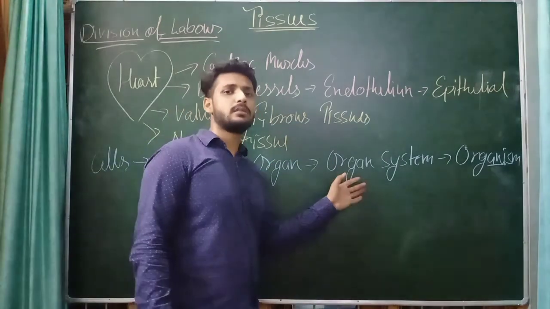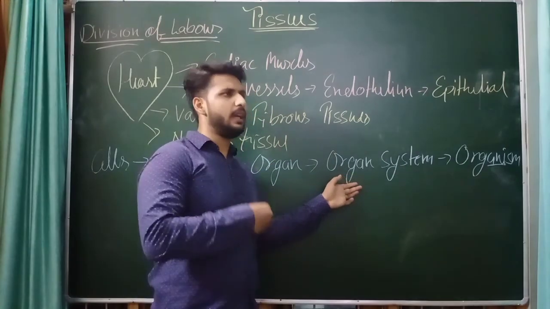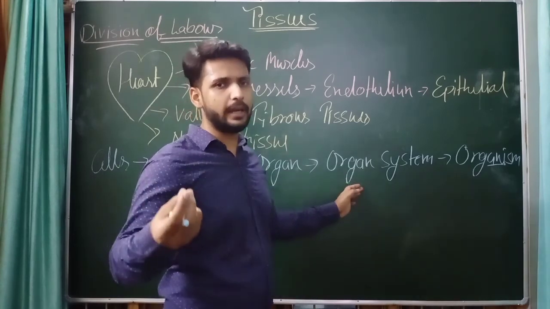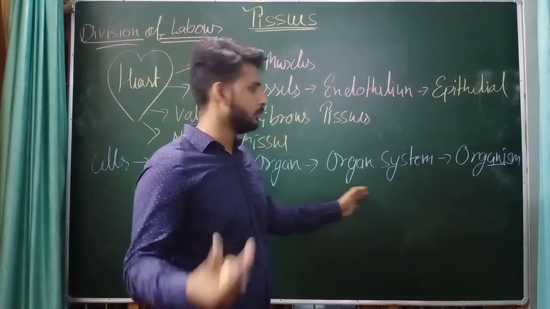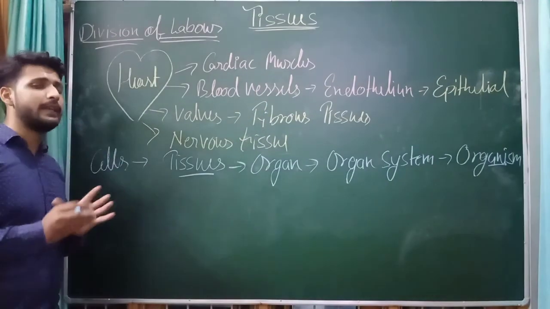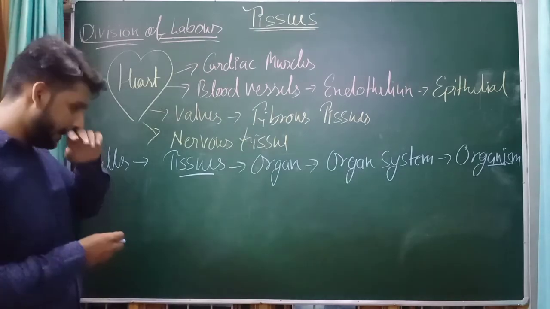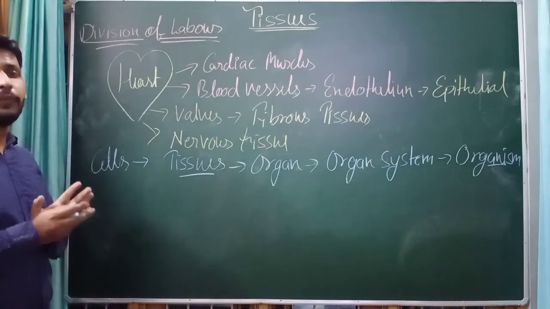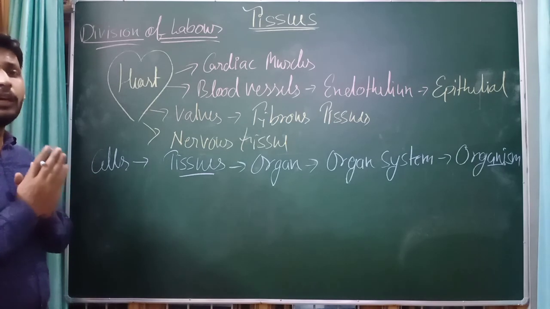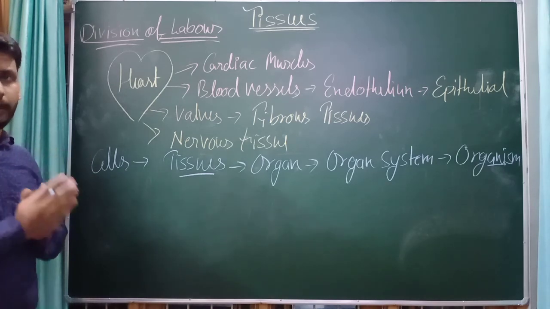Organ system: circulatory system, and other systems like the digestive system and nervous system. Next, organism: all these systems combine to form an organism. In this way, the function is divided in a multicellular organism.